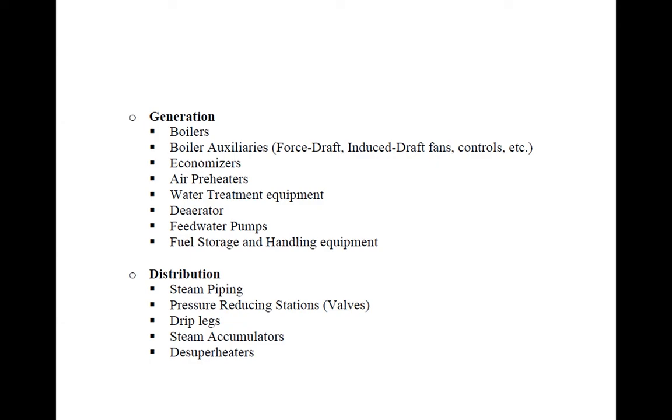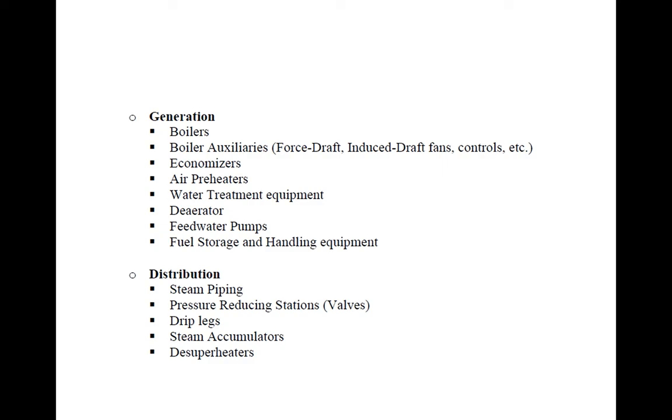As I mentioned before, the boiler needs air from the environment to combust the fuel. So we need combustion air to mix with the fuel, so the combustion can take place.